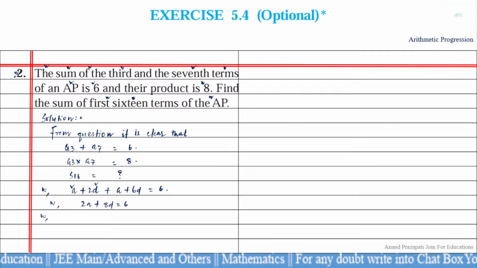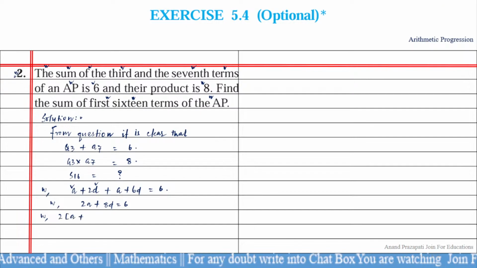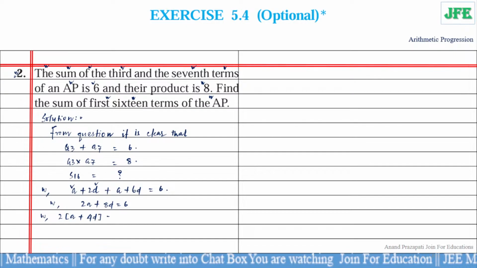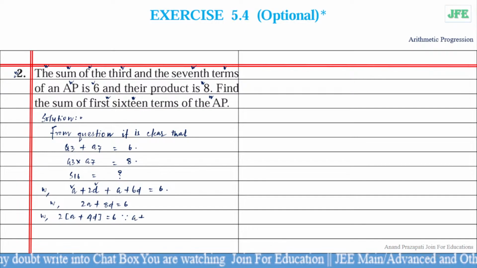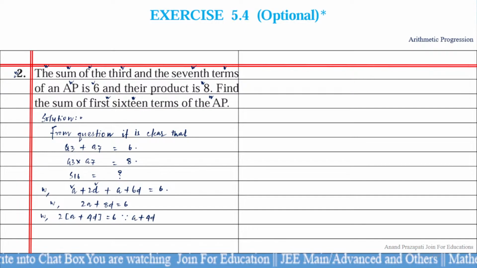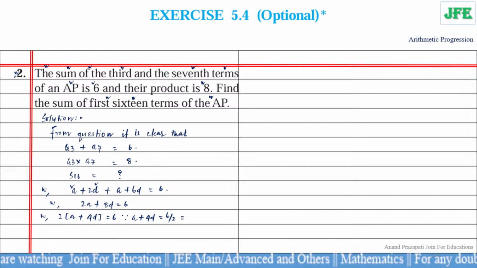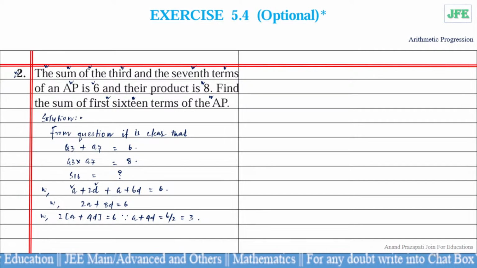Now we take 2 common, then a plus 4d equal to 6 by 2 equal to 3. Hope there is no problem to understand up to this step.